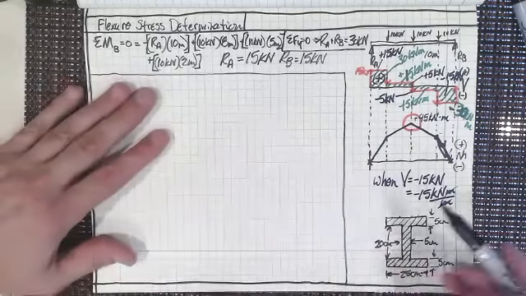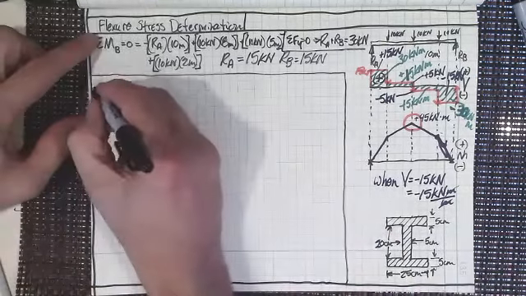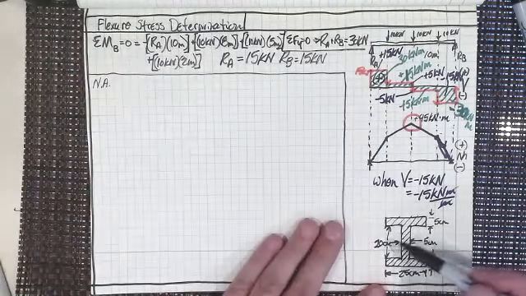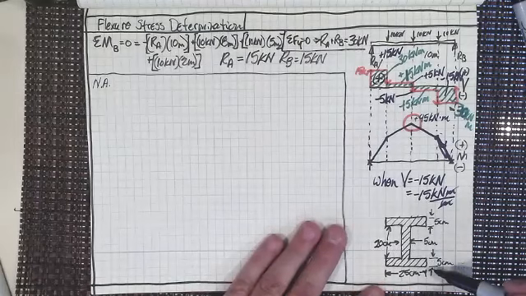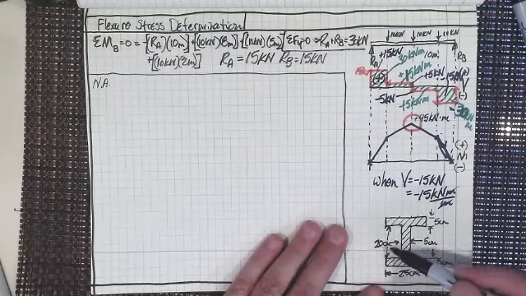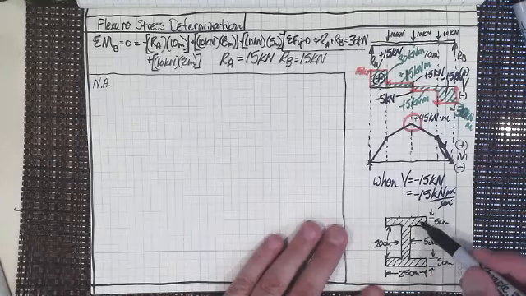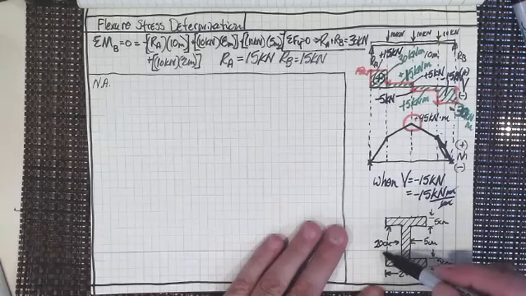So we want to do a couple things. We want to find out where our neutral axis is, right? So where is our neutral axis? I think everybody can see right here from what we've got that our neutral axis is going to be right in the center of this beam. Now I could change that so the top isn't quite as large so that we would get a neutral axis that's off.